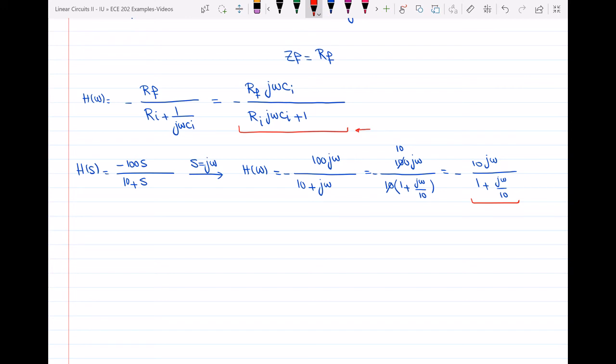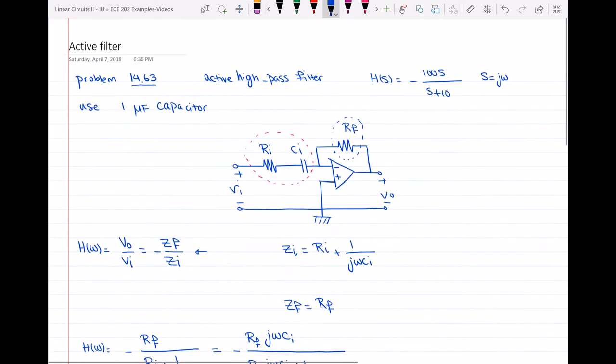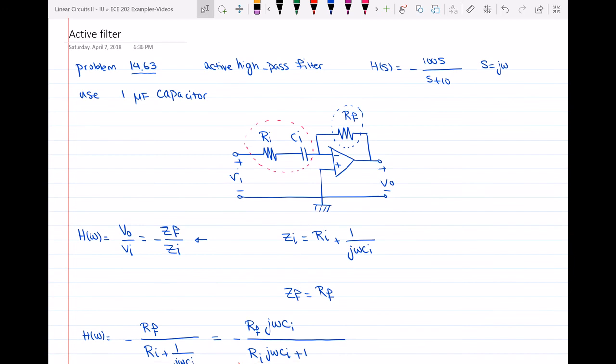Okay, so in the numerator of the upper transfer function, I have RF CI j omega, and in the bottom one we have 10 j omega. So these two will be cancelled. I'm going to be left with RF CI is equal to 10. All right, but the problem statement says that you can use a 1 microfarad capacitor.